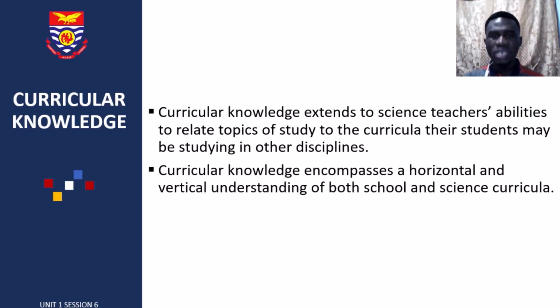And so here, curricular knowledge encompasses a horizontal and a vertical understanding of both school and science curricula, how the various topics are being arranged, the relationship of the topics in physics with other subjects. The teacher must have knowledge in all these areas.